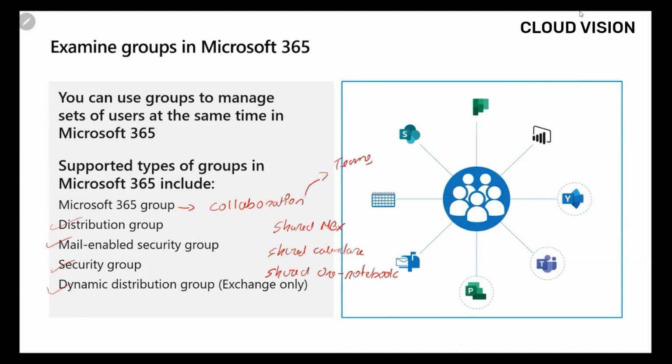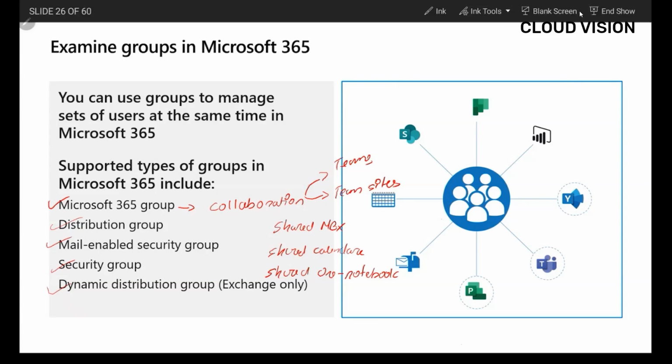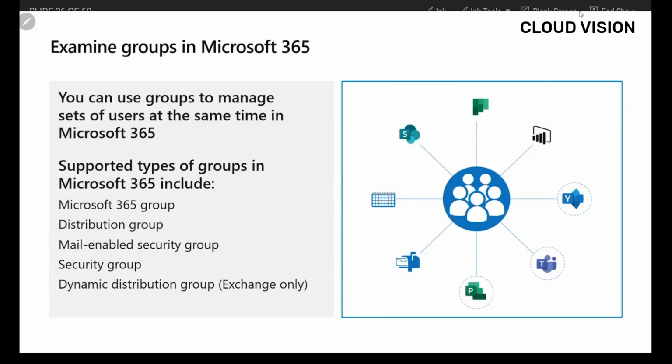You can create modern SharePoint team sites and much more. So that's why Microsoft recommends that wherever possible, you use the Microsoft 365 group, as it provides you with all of the functionality of all the other group types, plus it provides you with collaboration features.